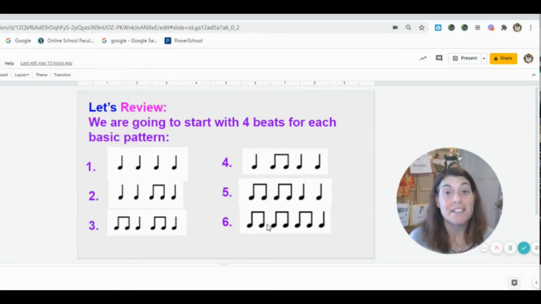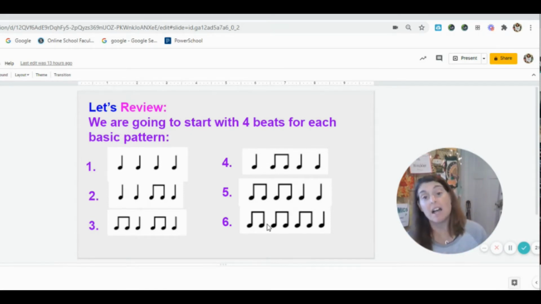Number 2 is the universal symbol for getting kids' attention in school or just in general anywhere, and that is ta, ta, ti, ti, ta, or 1, 2, 3, and 4. Good job. The third pattern is another super easy one, and it's ti, ti, ta, ti, ti, ta. And the way you count that one is 1 and 2, 3 and 4.